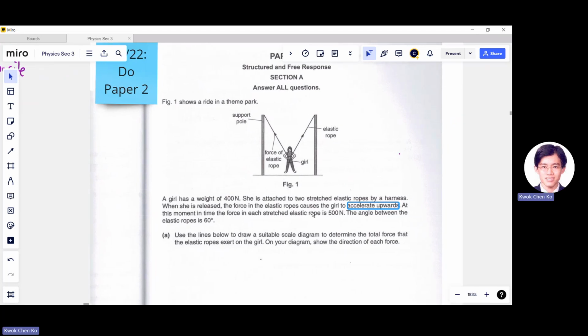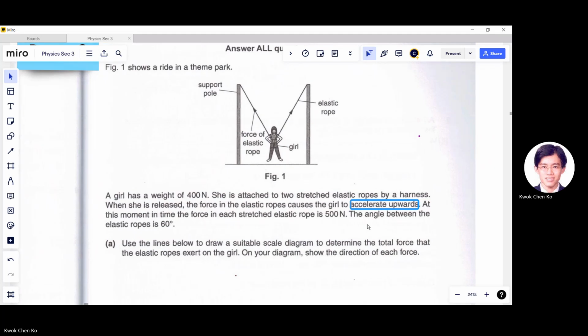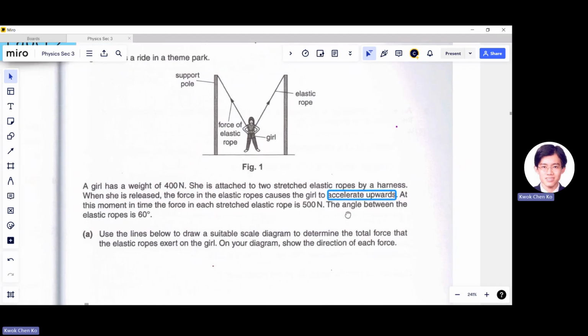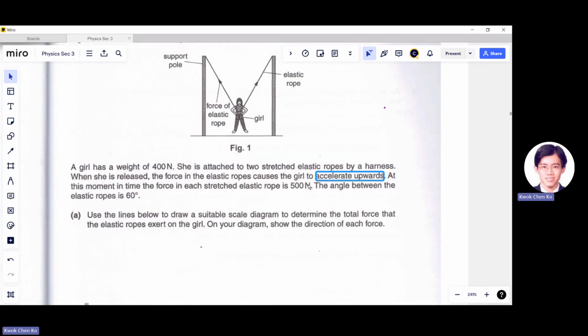Now, this is an open-ended or structural question. Without analyzing the whole question for you, I would like you to focus on a few highlights here. The question tells you that the girl is accelerating upwards. Now, I think in this particular question, it's rather obvious you are interested in the girl.